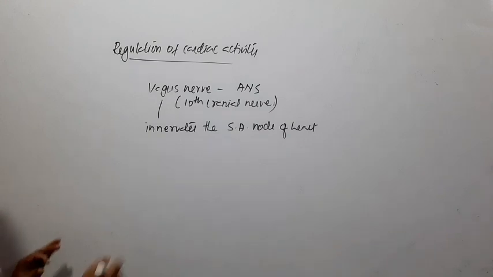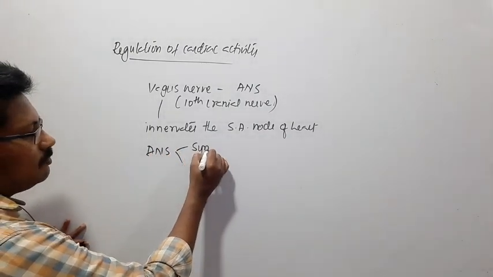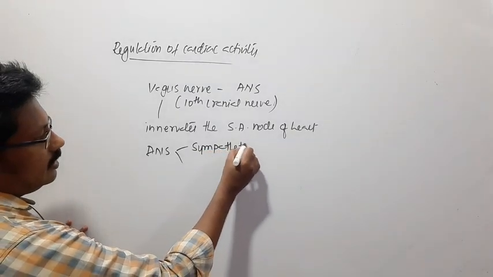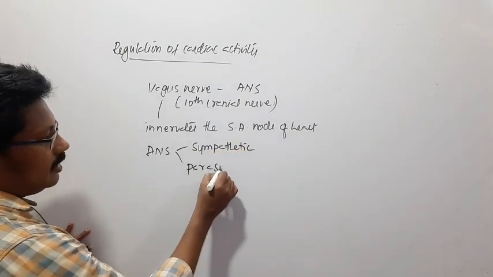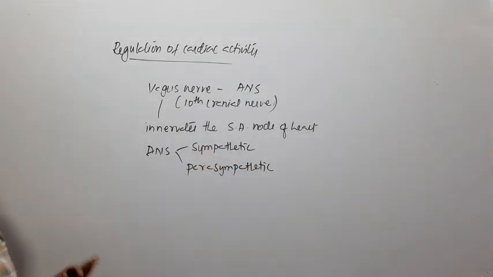We know that there are two parts of the autonomic nervous system, the sympathetic and parasympathetic. The nerves from both sympathetic and parasympathetic will innervate the heart.